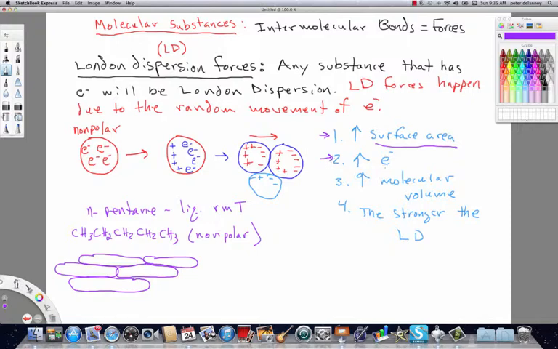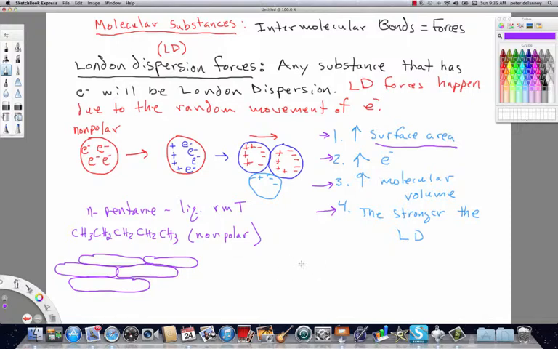Because the molecule is very long with lots of carbons, we have a nice large molecular volume. As a result, the London dispersion forces are stronger overall, because we have a large surface area and lots of electrons that can be randomly moved around, and we can maximize the efficiency of those charges.